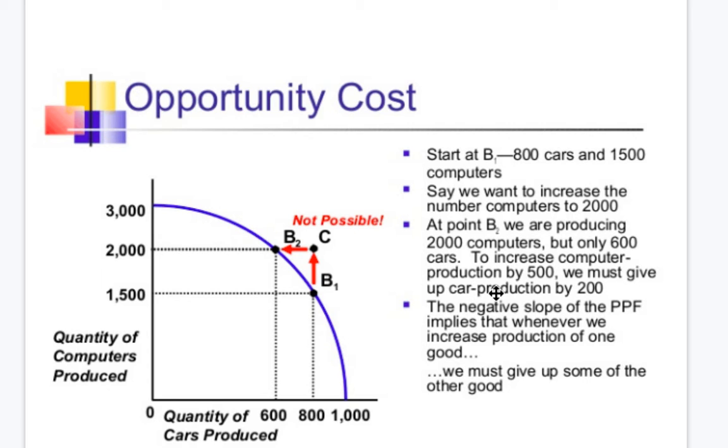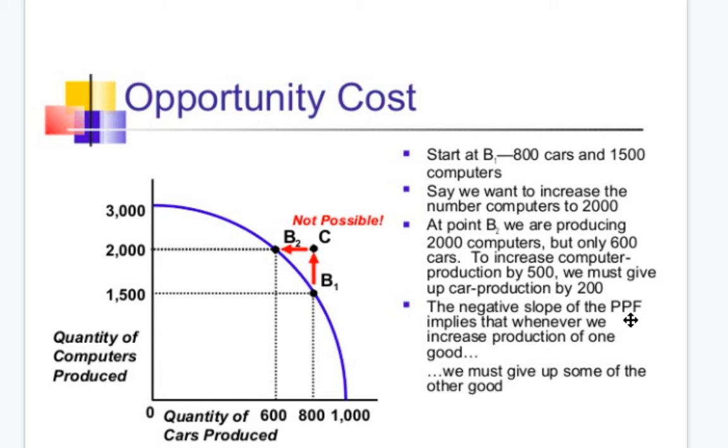We must give up car production by 200, which means if we move from B1 to B2, still staying on our curve or our frontier, where everything is being worked as hard as it possibly can be, we're actually going to give up the ability to make 200 cars in order to make 500 more computers. So that's movement along that curve.